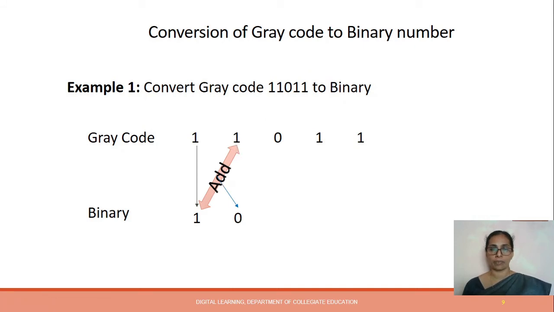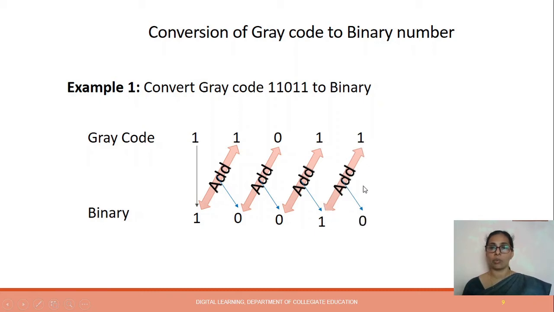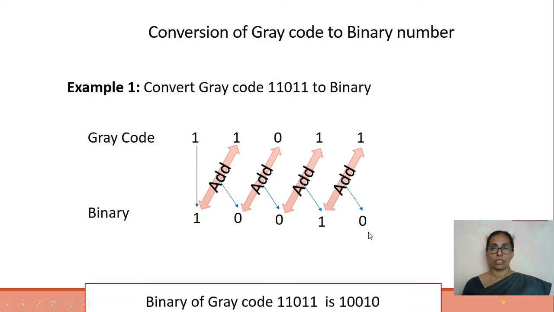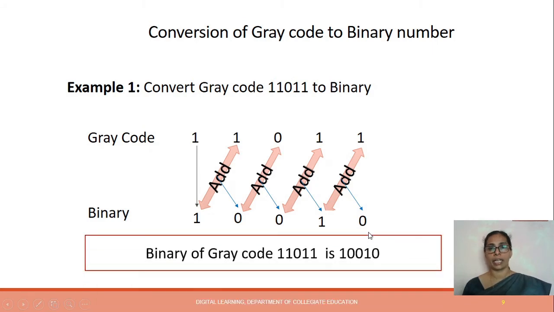For the next bit, add this bit and the next bit in the gray code. The same procedure is followed, and here it is 0 plus 0, 0. Next, 0 plus 1, 1. Next is 1 plus 1, 10. We are discarding the carry, so we write only 0. So the binary equivalent of the gray code 11011 is 10010.